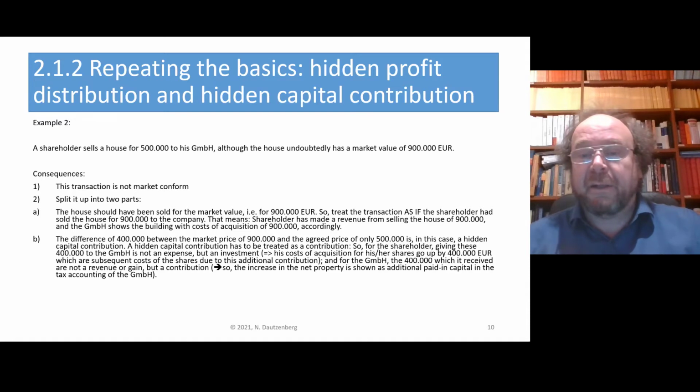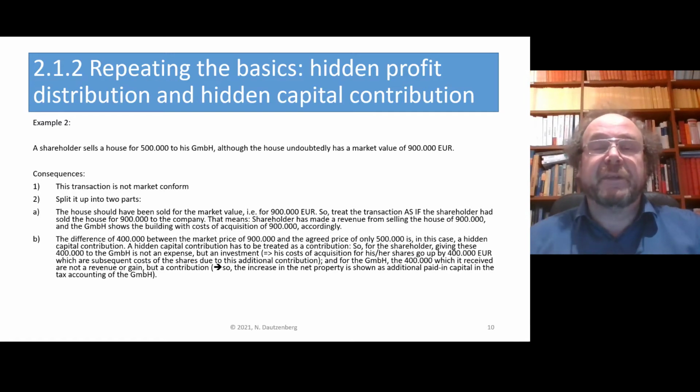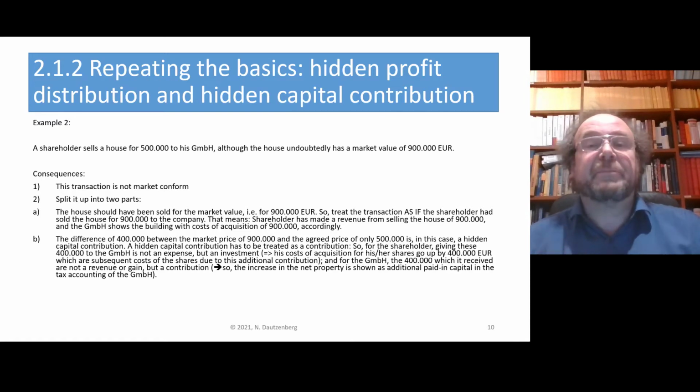So the cost of acquisition for the shares go up in the form of subsequent costs by these 400,000. No expense but an investment. So you have to recognize it as additional or subsequent cost to an asset, and this asset is the shares.